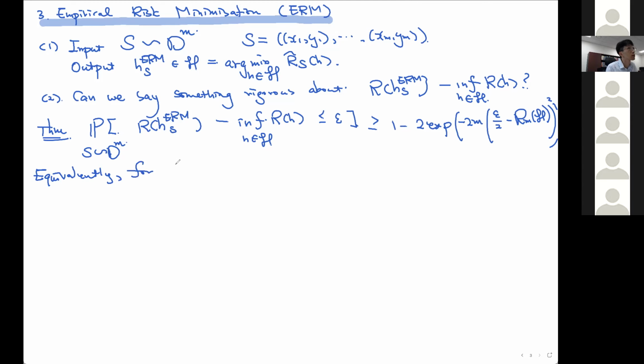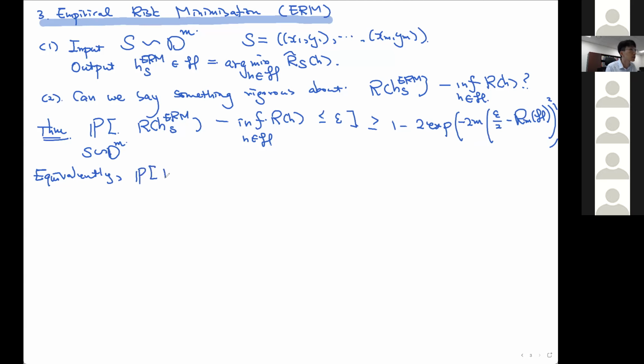Delta. There are quantifications that I didn't really explain here. If instead of epsilon you write it in terms of delta, that's this form.